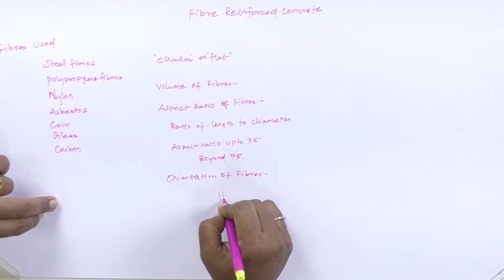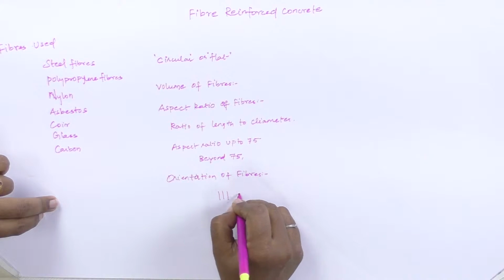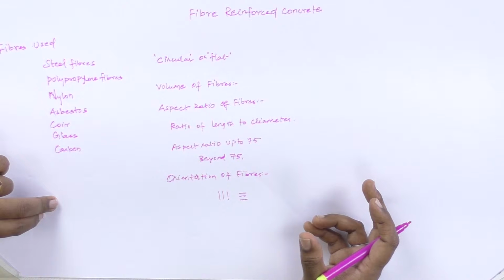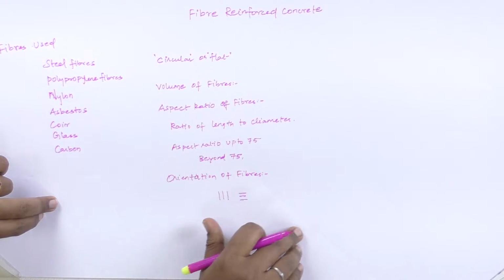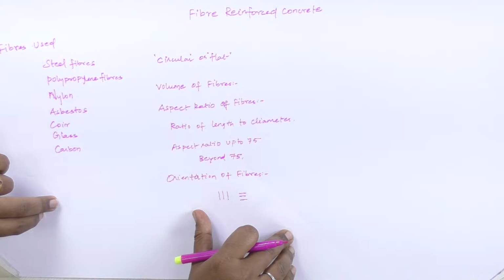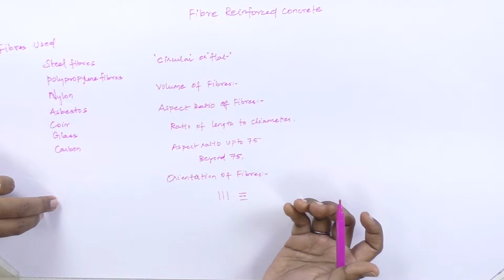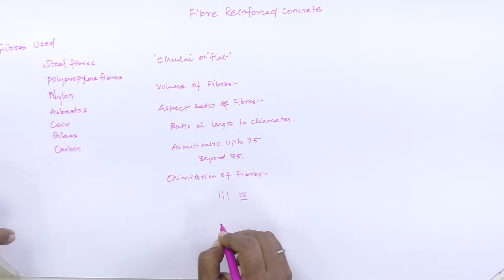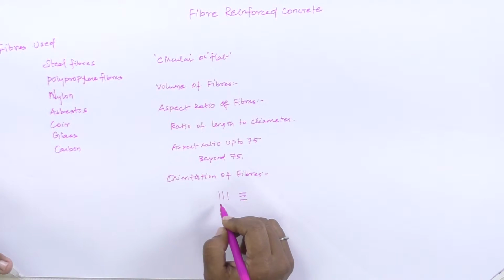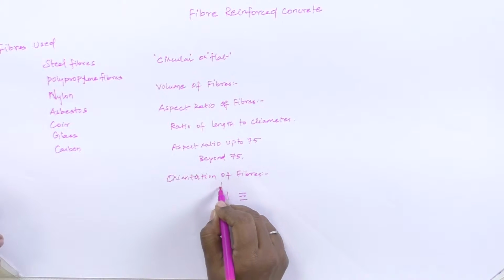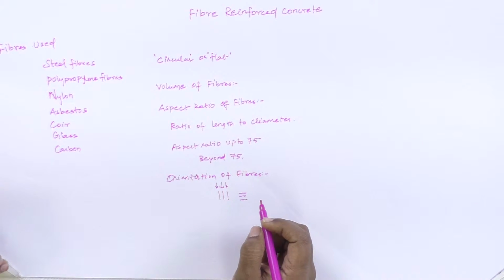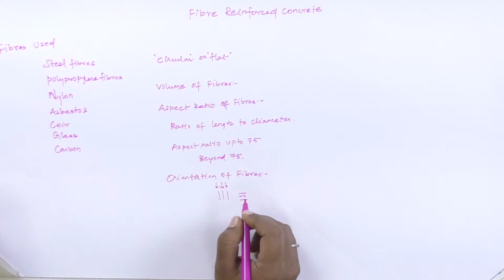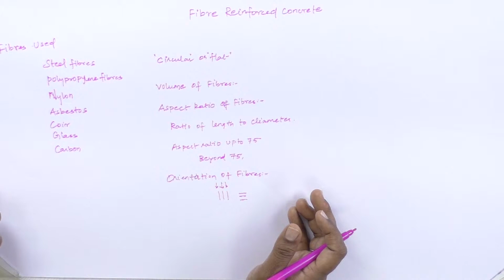Either we are placing them parallel to the load application or perpendicular to the load application, or randomly distributing the fibers in concrete, and this orientation also plays a major role in the tensile property of concrete. It has been reported that the fibers aligned parallel to the load application offered more tensile resistance when compared to the perpendicularly placed fibers and randomly placed fibers.